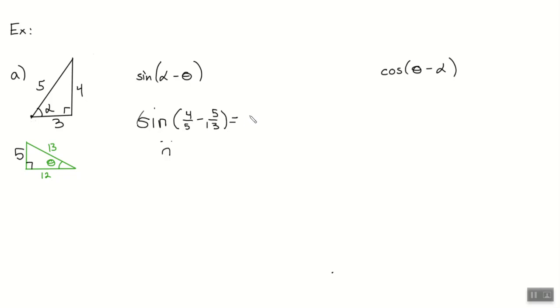So 4/5, we found sine of alpha. We plugged it in, and then we found sine of theta, 12/13, and then we put it in. You just plugged it in using the information, guys.